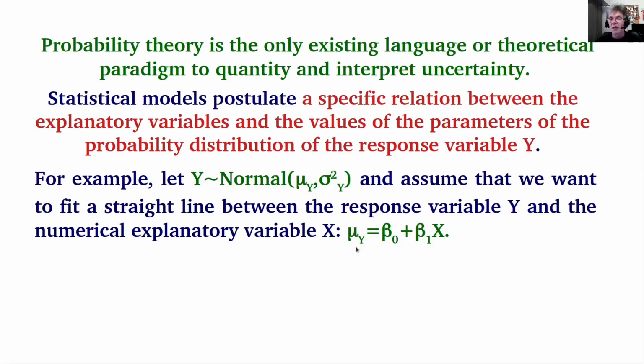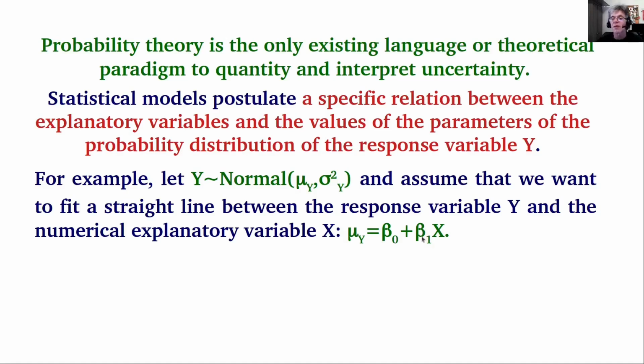So we postulate a linear relationship between the mean of the response variable and the explanatory variable x. For any value of x, we would predict an estimated value of the mean of y, and this relationship is governed by the intercept and the slope.